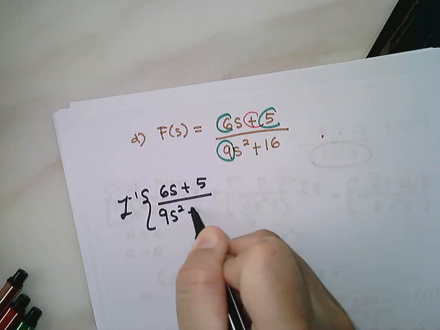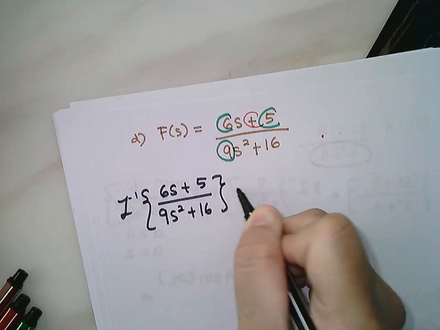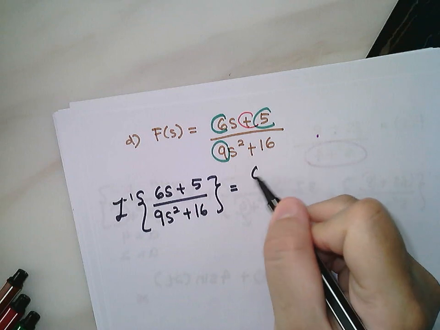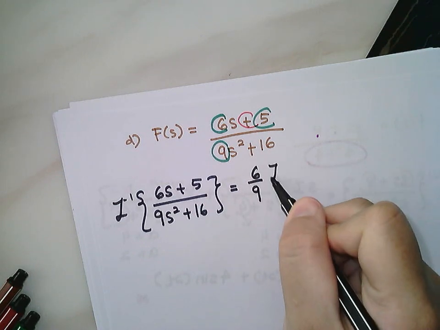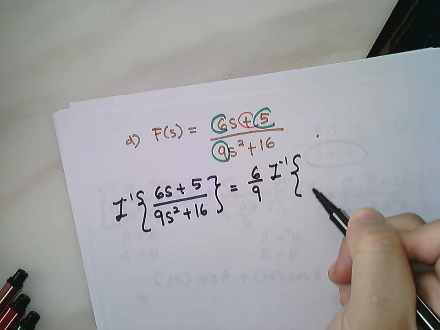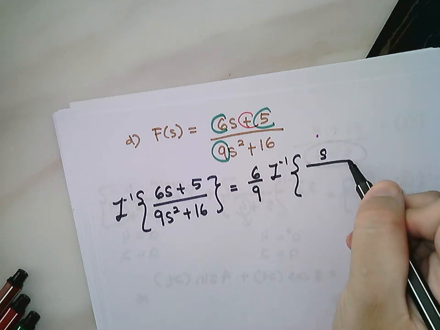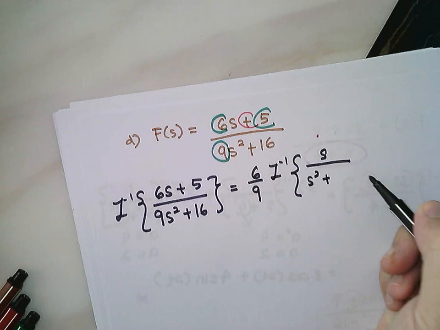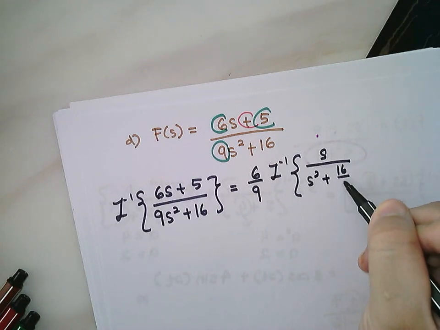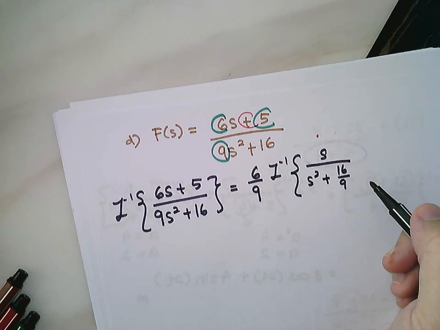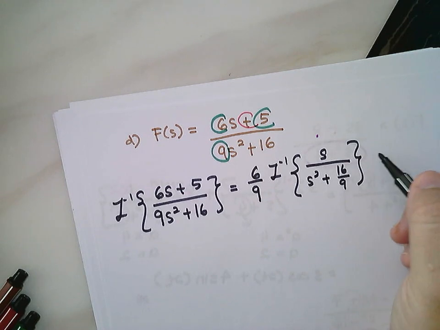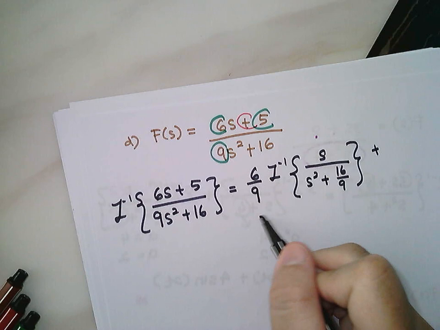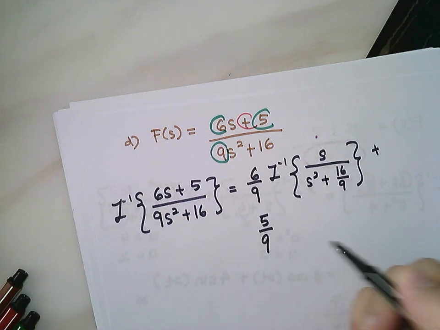By using linearity properties, the Laplace inverse of 6s plus 5 over 9s squared plus 16 is equal to, so 6 over 9 is a constant. You need to find the inverse of s over s squared plus 16 over 9. Plus, what is your second constant? 5 over 9.